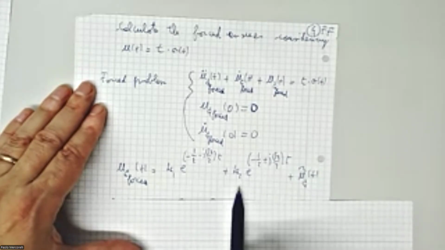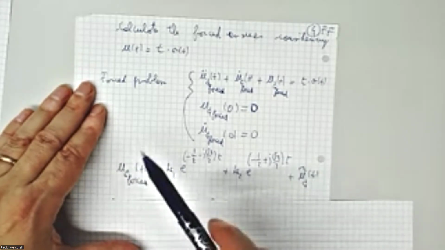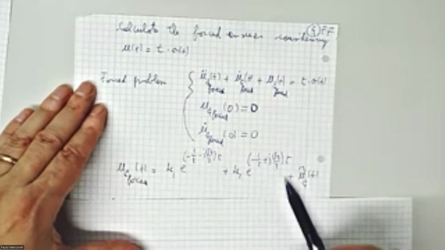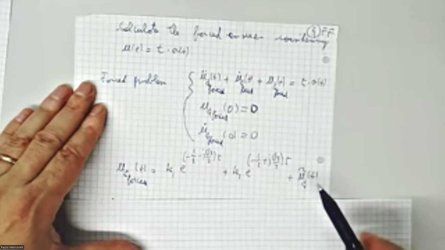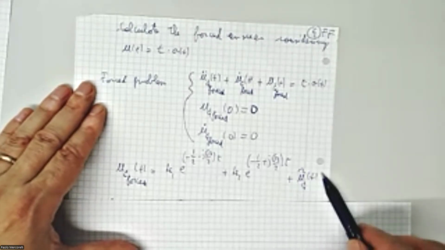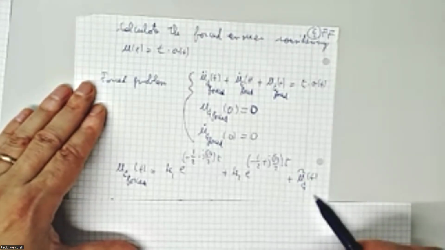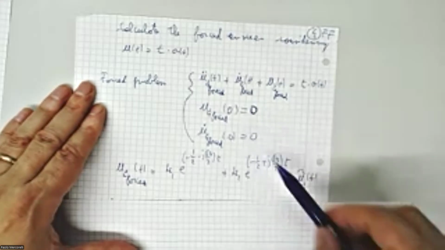Now, K1 and K2 can be calculated later when I have this one, because I have the initial conditions. Why that? Because the initial conditions influence also this one, even though it's 0.